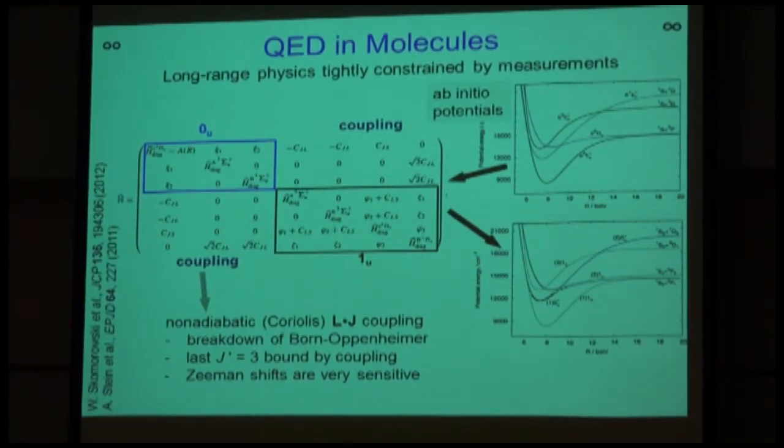So just a slide on the theory, although I'm not necessarily an expert in quantum chemistry, but our colleagues are working hard to improve the model so that we can extract as much information as possible from the high precision experiments. So basically, they take what's called Hund's case A potentials for strontium-2, and they populate the diagonal entries of this Hamiltonian with those, and then you can see blocks.